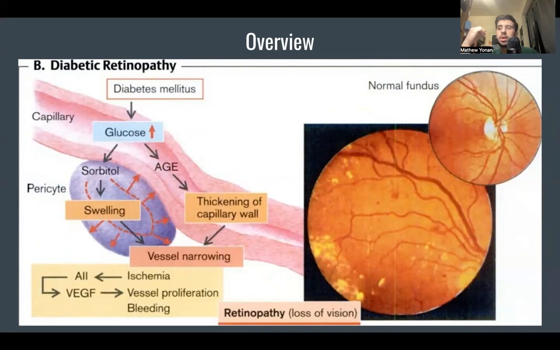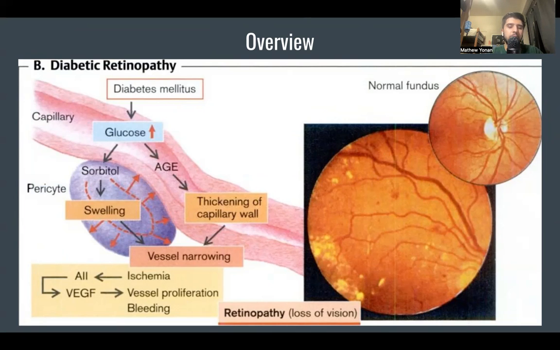As this damage builds up over the years, you start to see some intraretinal hemorrhaging. You start to see proteins and lipids leak through, called hard exudates. And then you start to see microaneurysms, those little red dots.